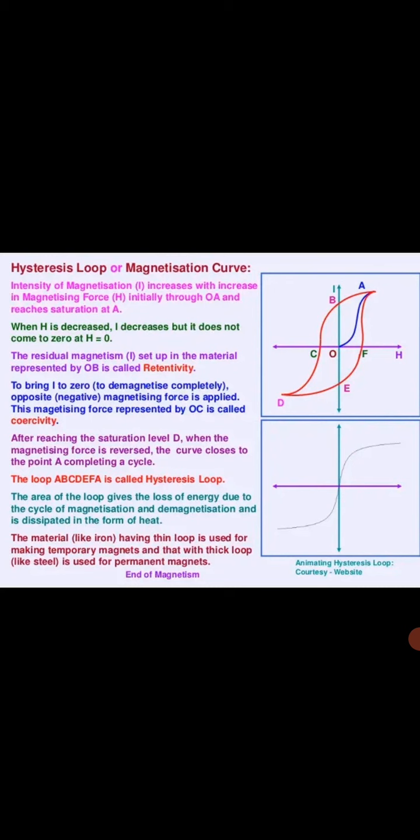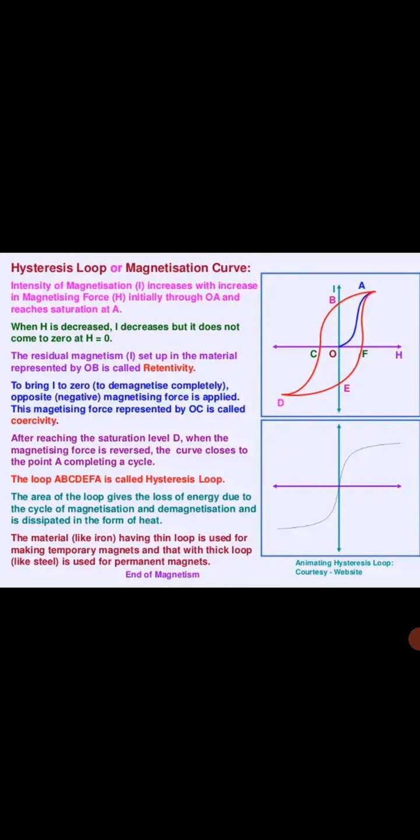To bring I to 0, to demagnetize completely, you have applied an opposite magnetizing force, and this magnetizing force value HOC is called the coercivity of the substance.